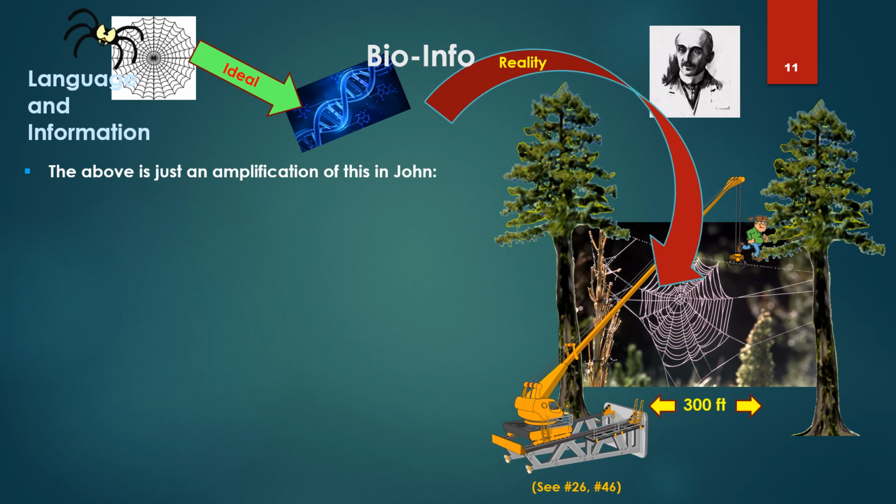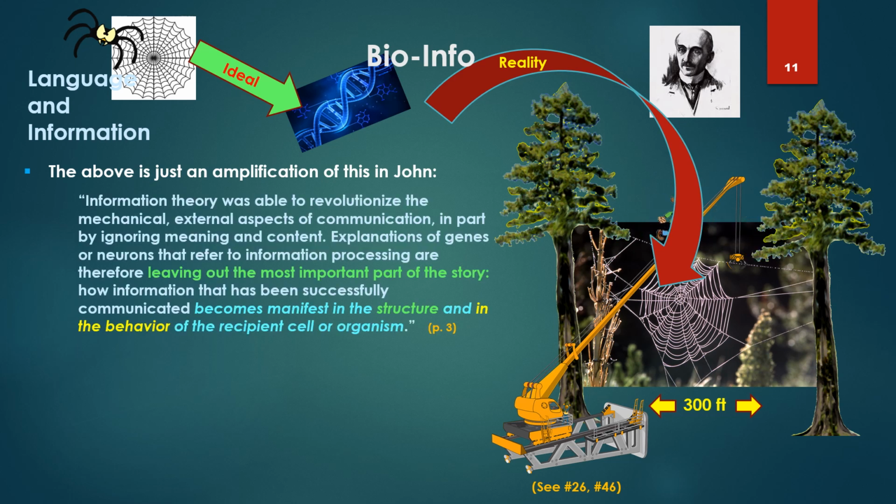So the above is just an amplification of this statement in John. To quote, information theory was able to revolutionize the mechanical external aspects of communication, in part by ignoring meaning and content.